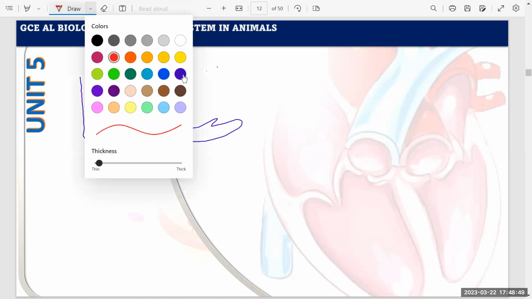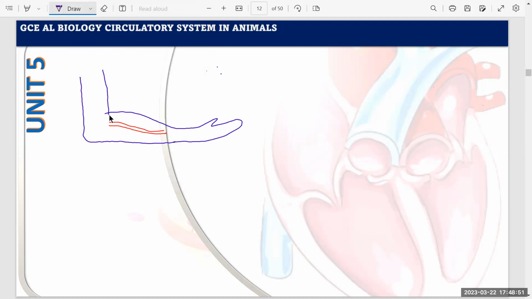Veins are more at the skin level. So this is a vein, and this is an artery. Then the needle is inserted into the vein.